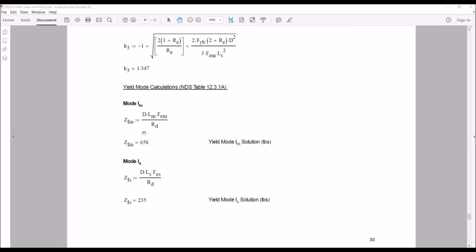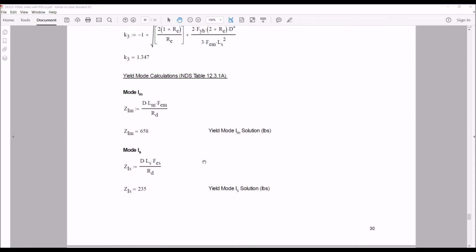And mode 1 is a mode that's based on crushing of the wood if the wood is in a bearing failure. Modes 2, 3, and 4 assume some combination of either pivoting of the fastener, a plastic hinge forming in the fastener, yielding and crushing in the wood. So they're a little bit more complicated. So mode 1M is for the main member, mode 1S is for the side member.